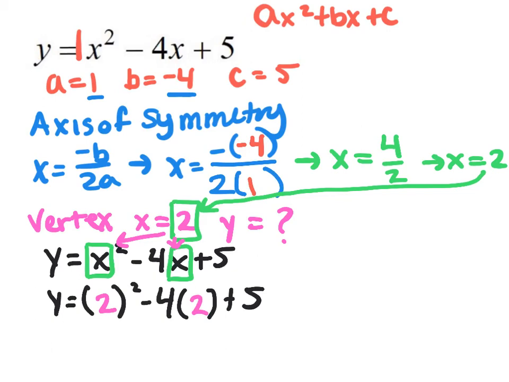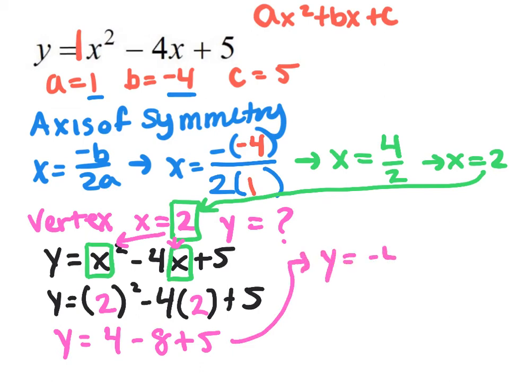And now if I simplify, 2 squared is 4, 4 times 2 is 8, plus 5, which if we keep going, we're going to get y equals 4 minus 8 is -4, plus 5, so y equals 1. So our vertex would be at 2, 1.